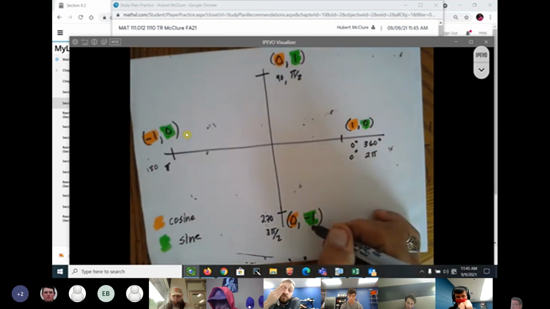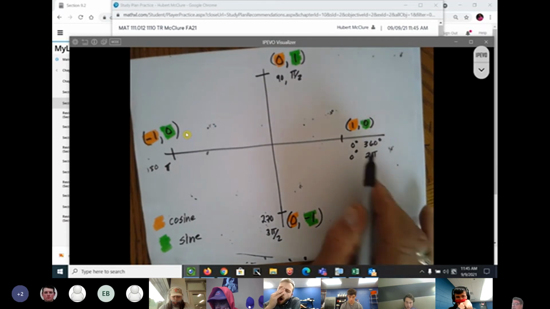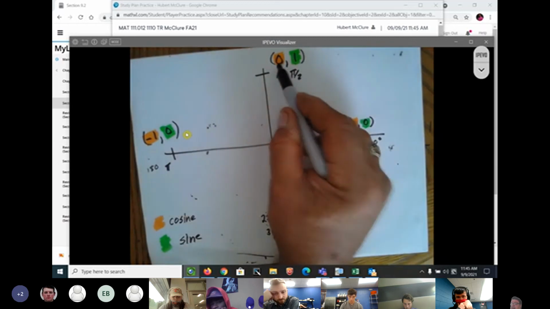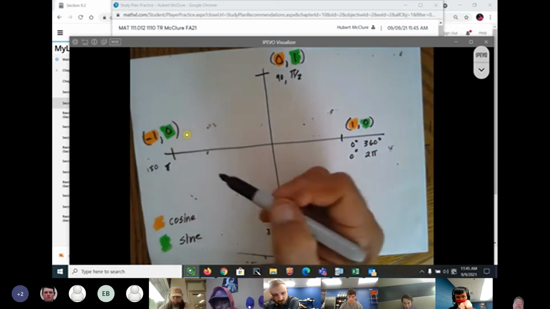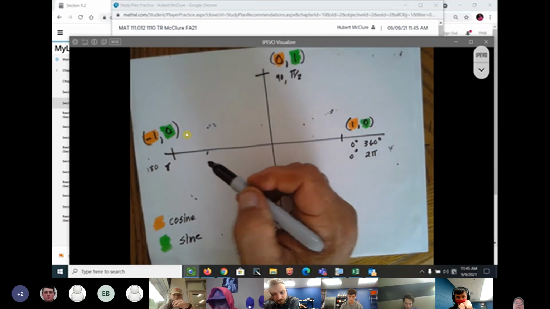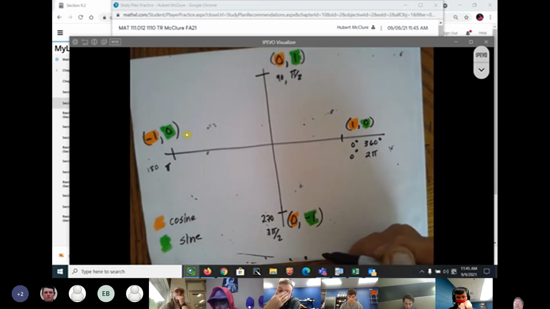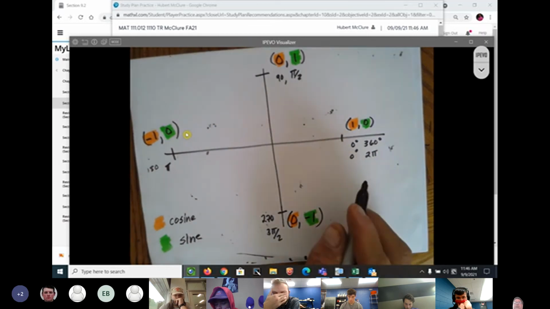What is the cosine of 3 pi over 2? -1. What is the cosine of 0? 1. What is the cosine of 90 degrees? 0. What is the cosine of 180? -1. What is the cosine of 270? 0. Okay? These are what you call your quartic functions.